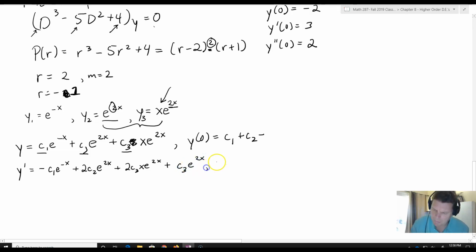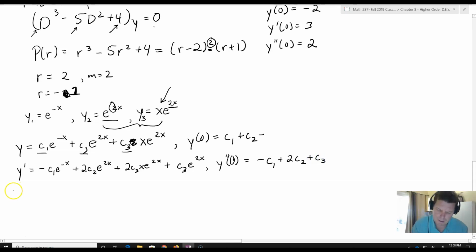And then y prime of 0 is going to equal negative c1 plus 2c2 plus c3.